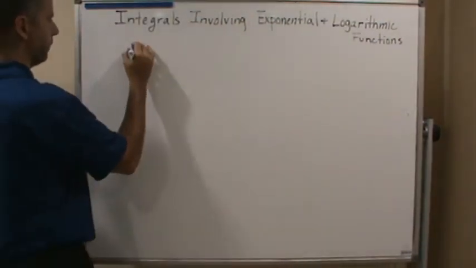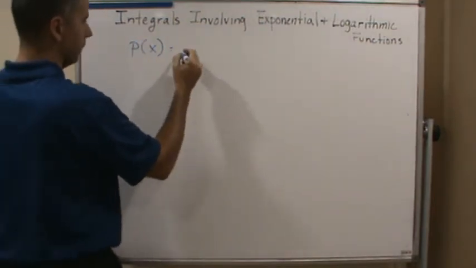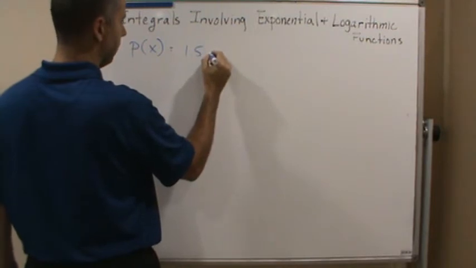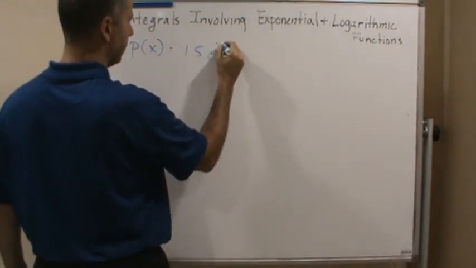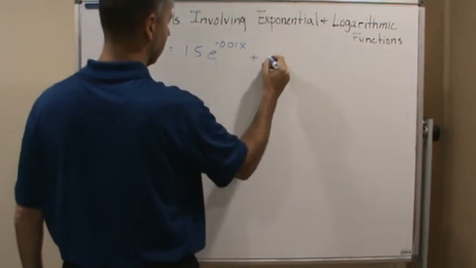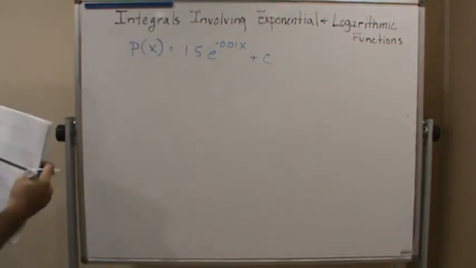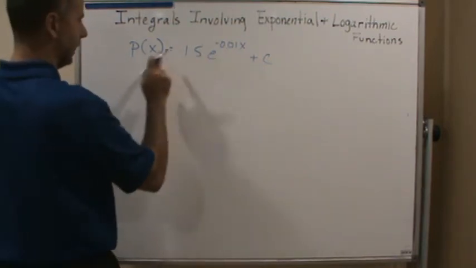We just solved for p of x, so p of x equals 1.5 e to the negative 0.01x plus c. And now what we're going to do is plug in for x and p of x.